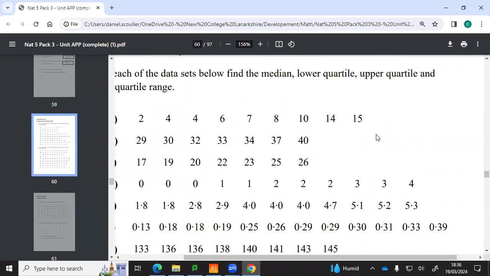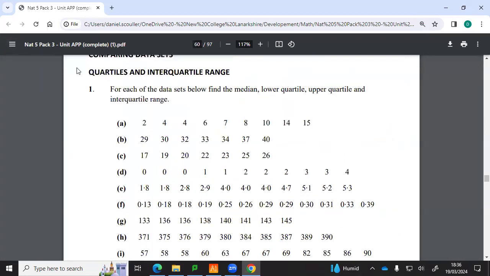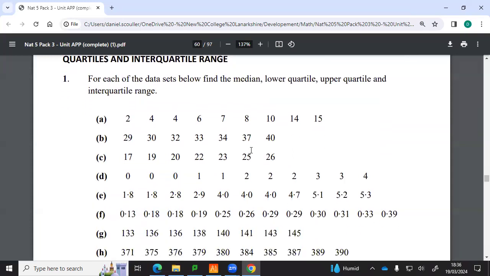Okay, if you've got your booklet 3 available to you, have a wee look at it.